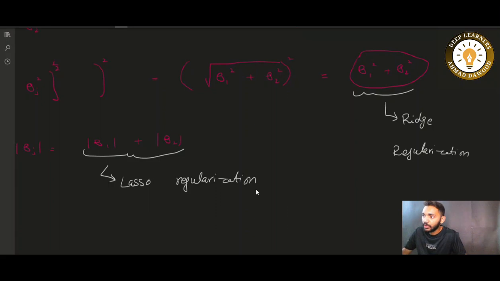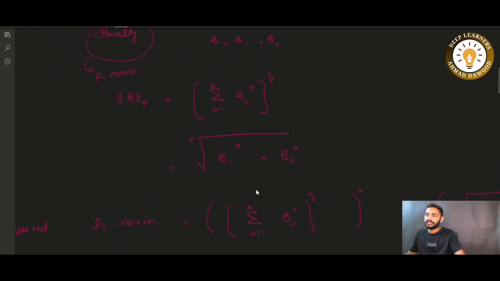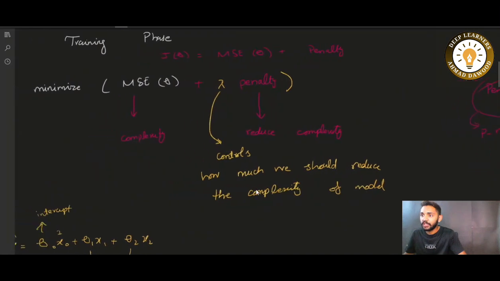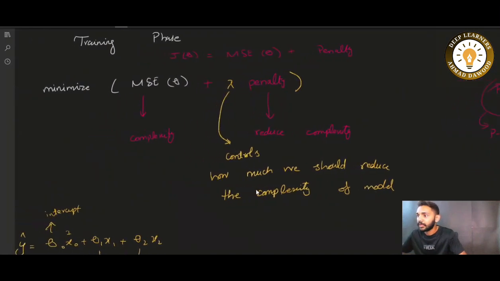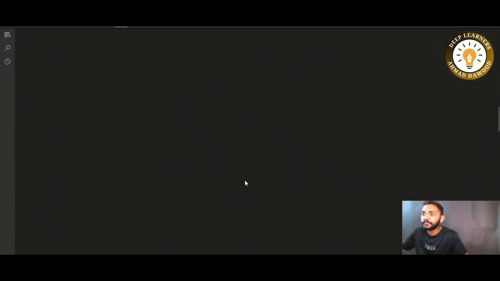Now, let's say for instance that we are using the L1 norm. So here you have a penalty. Now you are minimizing, instead of just mean square error, you have also added some penalty, like the L1 penalty theta 1 plus theta 2.